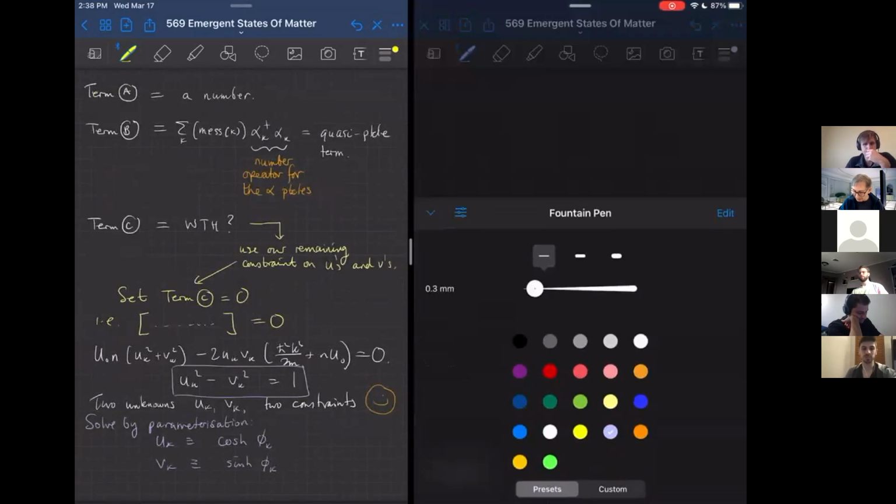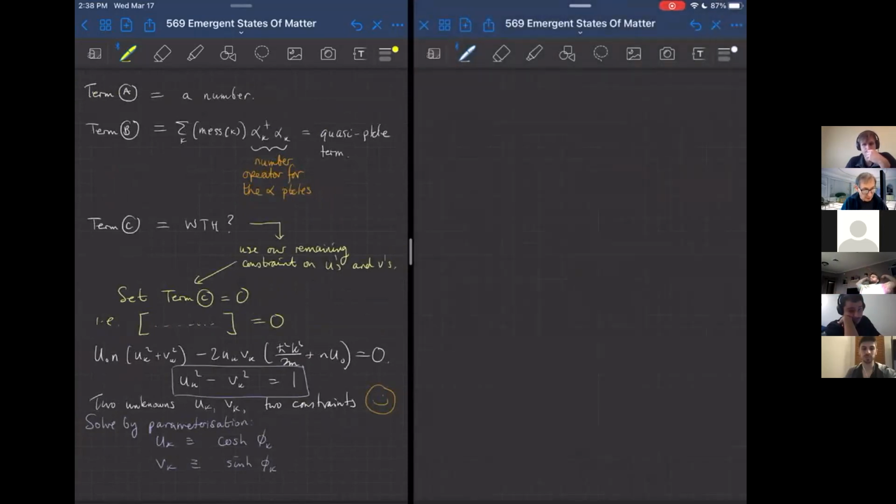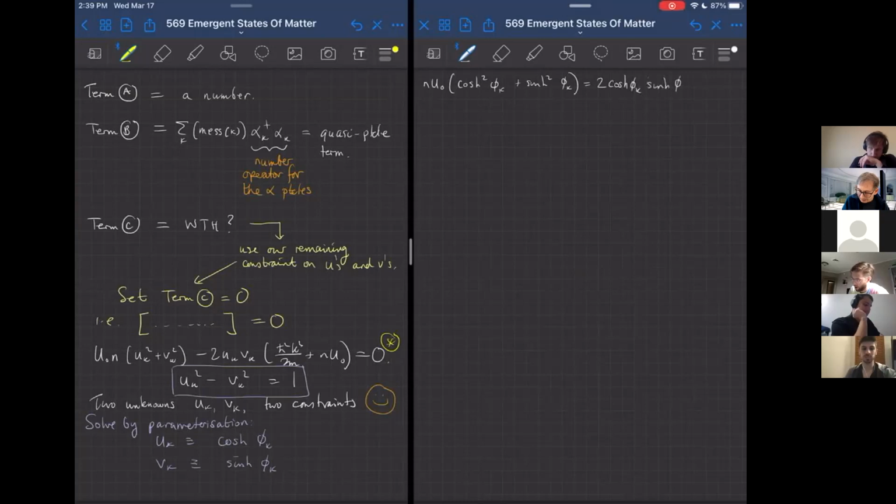So now all we need to do is plug into the remaining equation. So the first equation then, which is this one over here, simply becomes n u naught times cosh squared phi k plus sinh squared phi k is equal to 2 cosh phi k sinh phi k times h bar squared k squared over 2m plus n u naught.